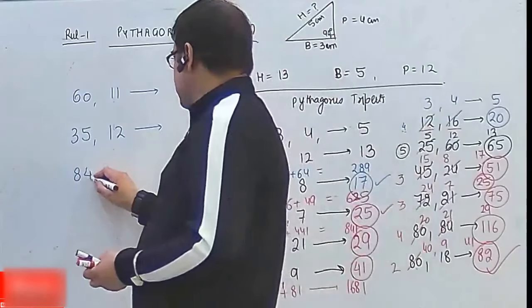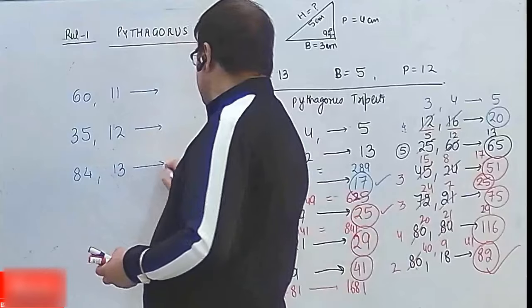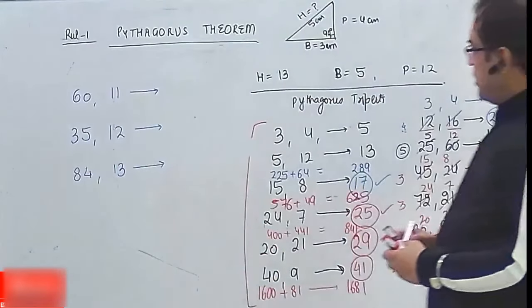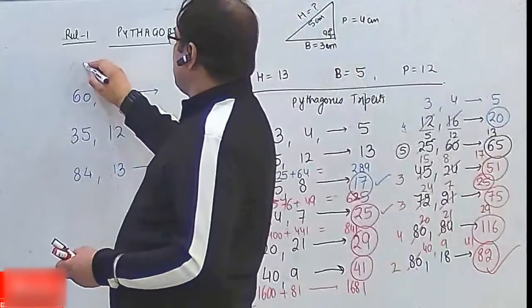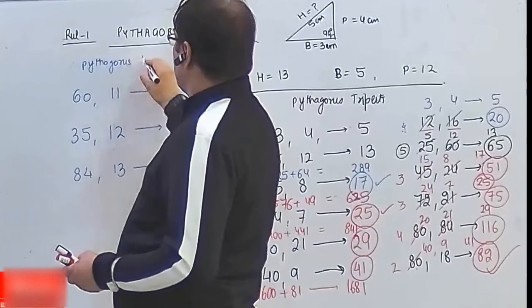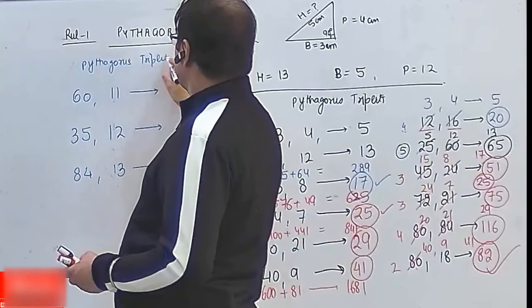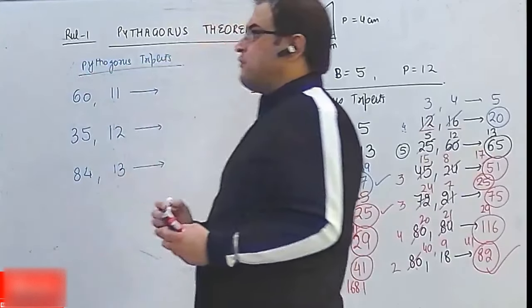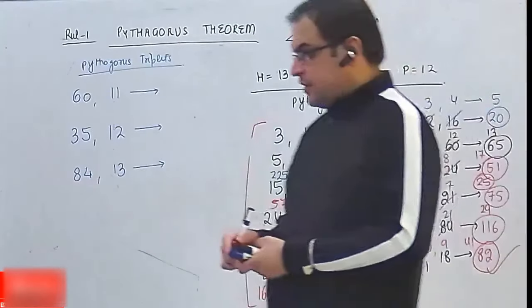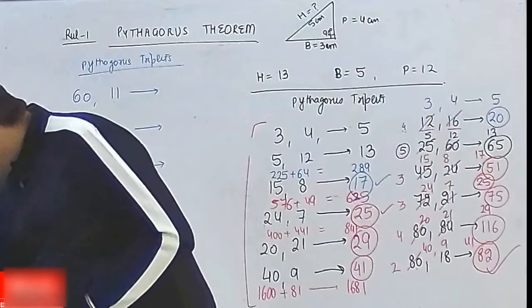Find out the right one. Okay, three more. These are called Pythagoras triplets. Okay, find out the three values: 60, 11, 35, 12, 84, and 13.